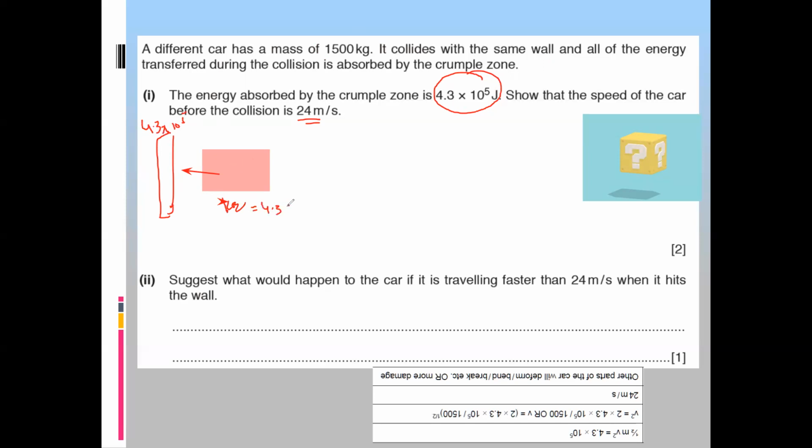That is the same, 4.3 times 10 to the power 5 joules. We use the same formula, kinetic energy of the car is 0.5 mv square.